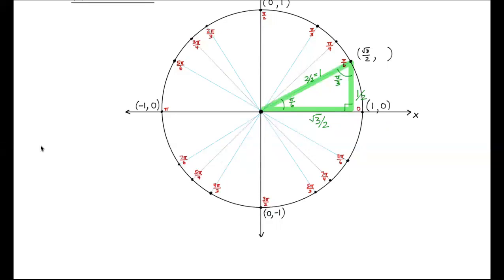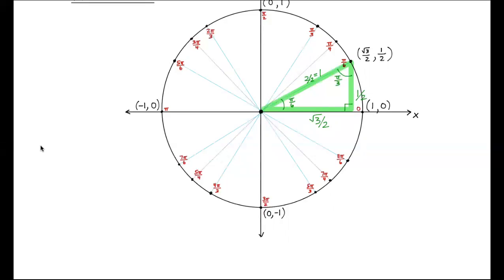And the y coordinate is this side length here. That side length there represents the y coordinate, that's how much it goes up and down. So 1 over 2.